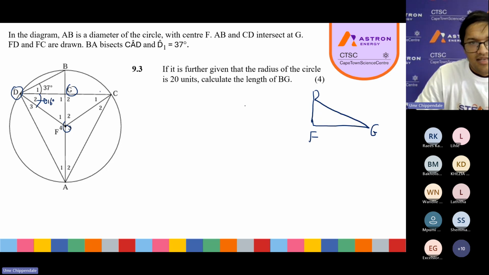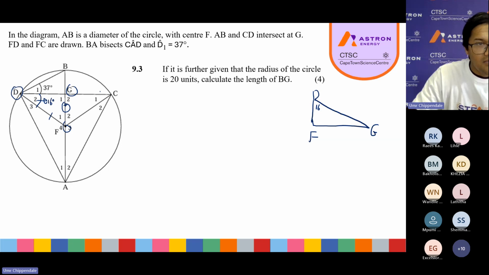At point D is D2, and D2 is 16 degrees. We know that this was the radius, and this is the radius as well. And this point over here, so we know those two as well. If that's the case, we know that these points are going to be equal. So now we're going to have FG. We're going to try and calculate this here.